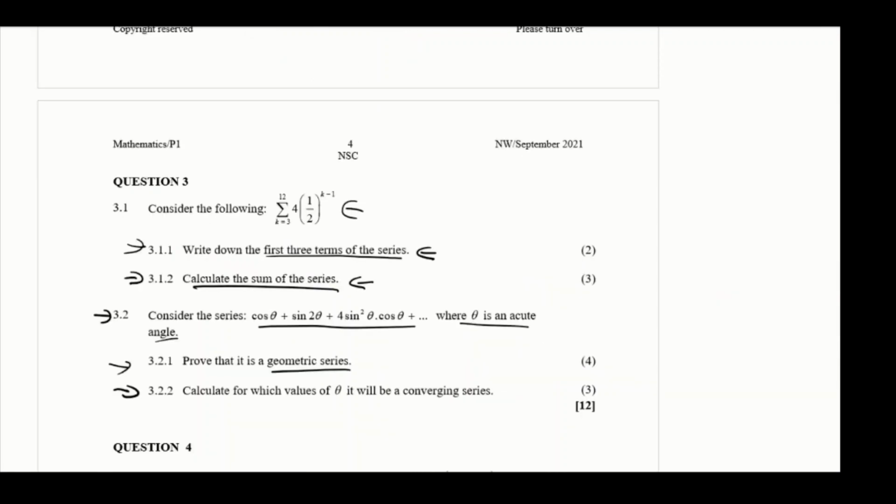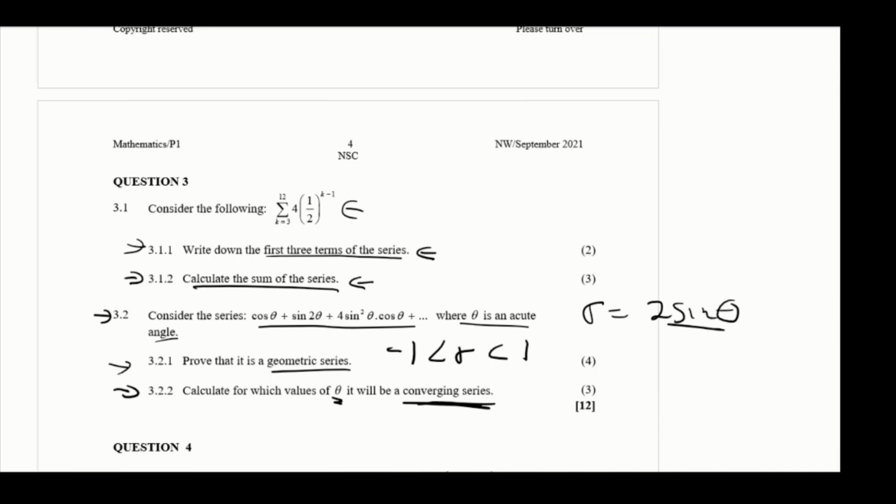So 3.2.2, we are asked to calculate for which value of theta the series will converge. Remember that convergence applies when r lies between -1 and 1. And we found in 3.2 that r is actually 2 sine of theta.